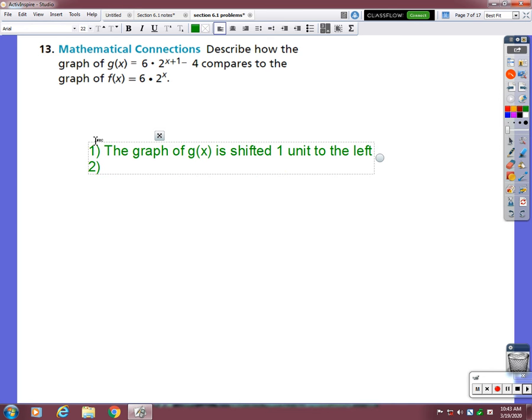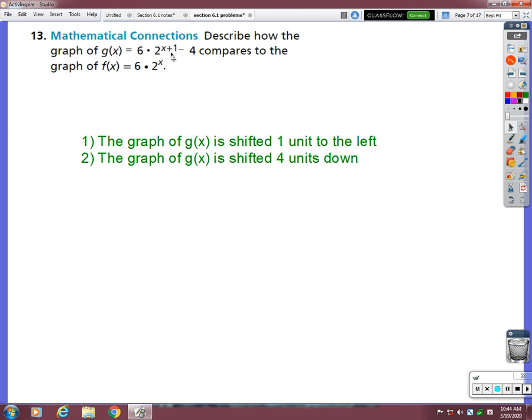And then we can also say that the graph of g of x is shifted 4 units down. And again, the 1 to the left comes from the plus 1 right here, and the 4 units down comes from the minus 4.